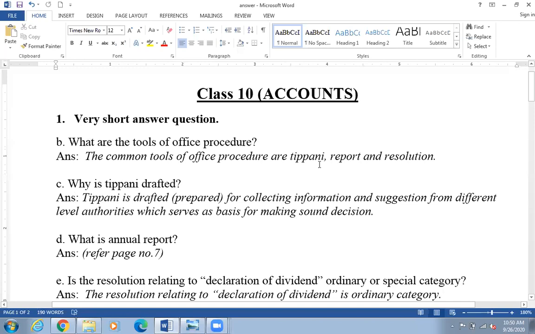Next one is report. There are different types of report; we have already learned about this. The next thing is resolution. There are two types of resolution, ordinary and special. So the common tools of office procedure are tippany, report, and resolution. If you write down this much, that will be the answer of number B.